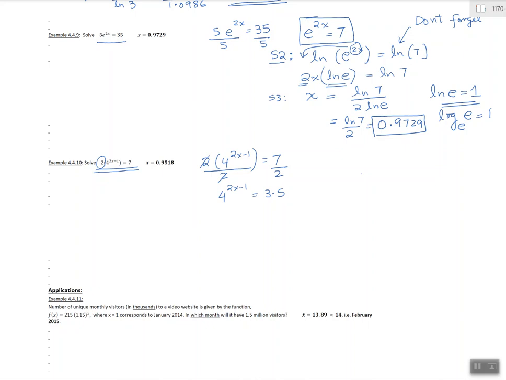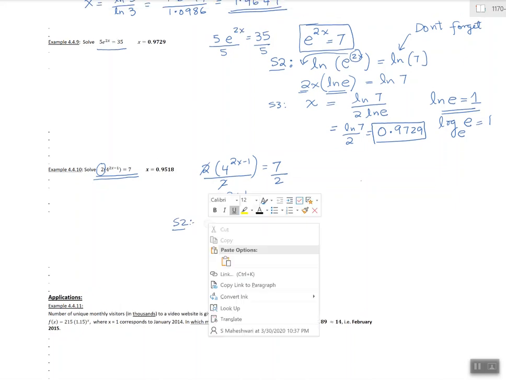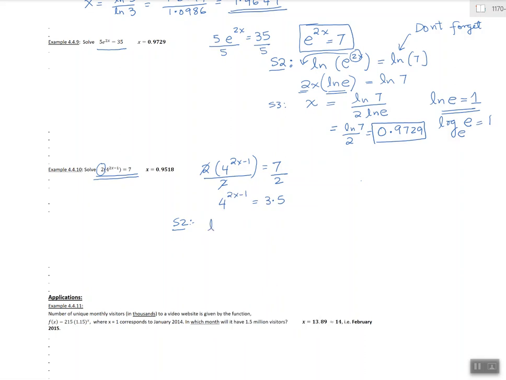Now just as in the previous question, you're going to take the ln of both sides. So this is step 2. So you take ln of both sides. So you get ln of 4 raised to the power 2x minus 1 equals ln of 3.5.